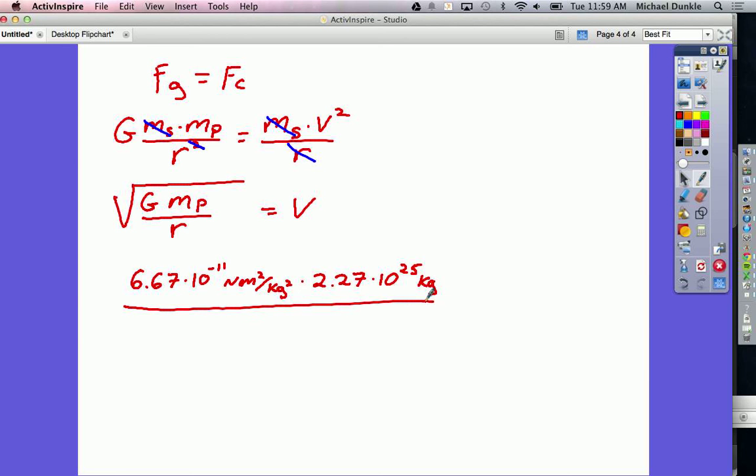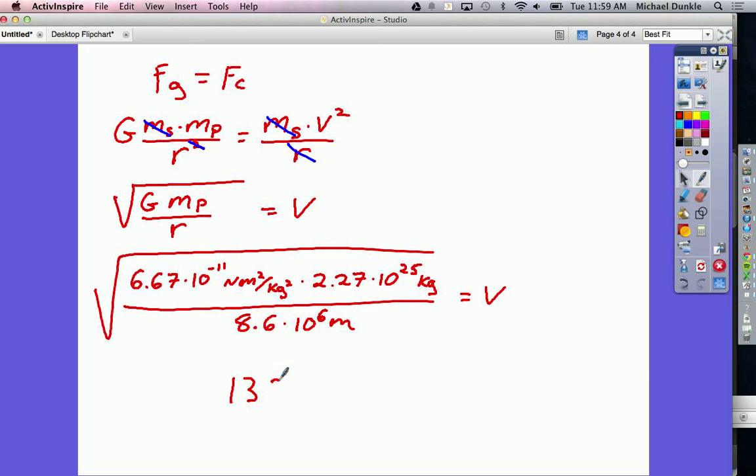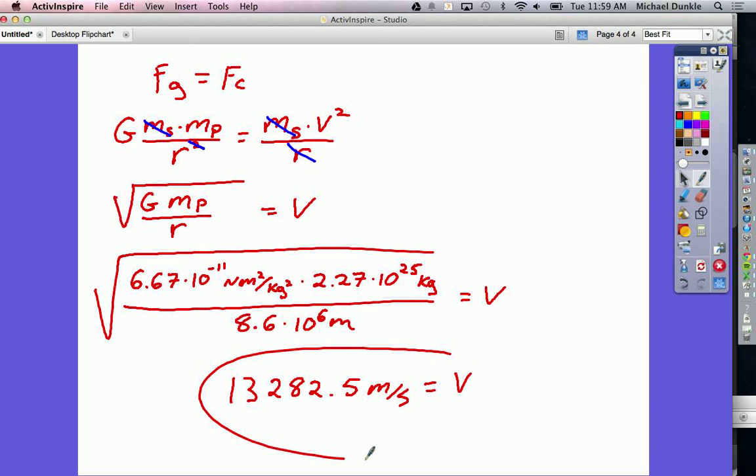It's all divided by the radius, which was given, and that is going to be 8.6 times 10 to the 6th meters. And when we plug all of that into our calculator, we should get that the speed is 13,282.5 meters per second. And that's the speed of the second satellite.